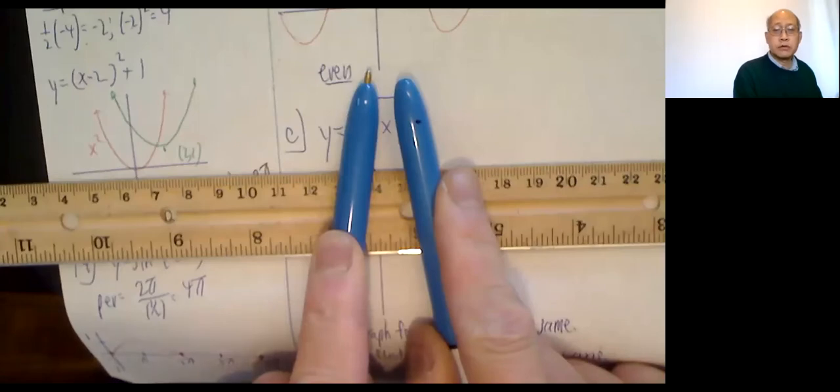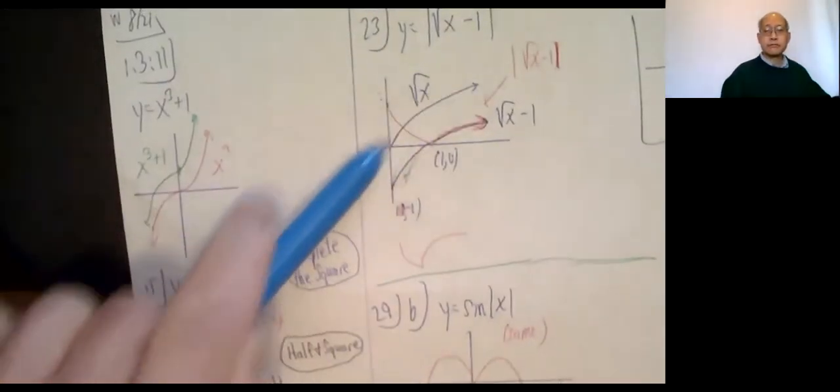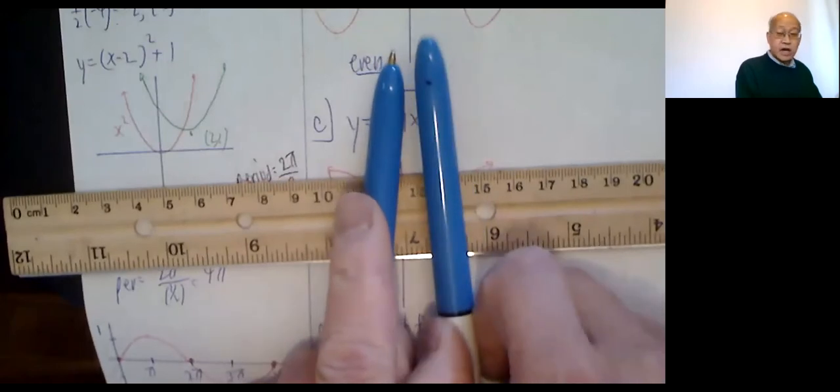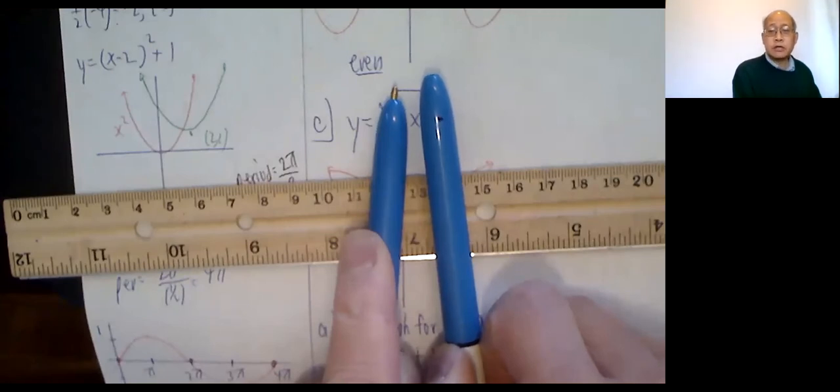Greater than or equal to 0, right? Oh, we just did that over here, right? Here's square root of x. So if I have square root of x, I'm not allowed to plug in like -1, -2, -3, and so on, right? I am allowed to plug in 0. Square root of 0 is 0.